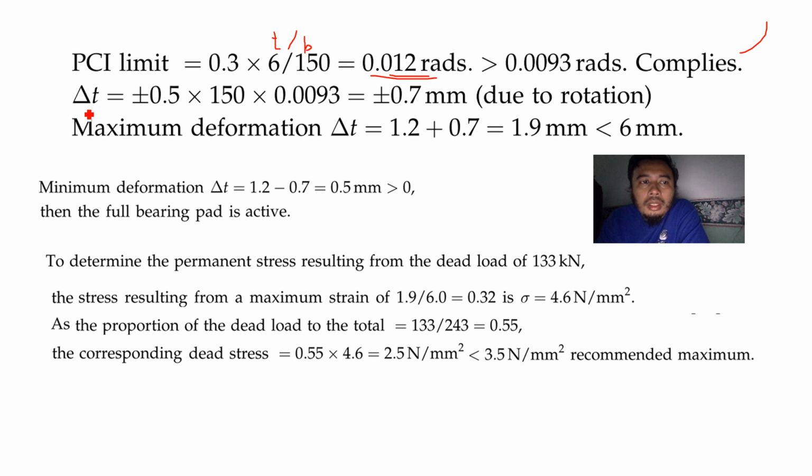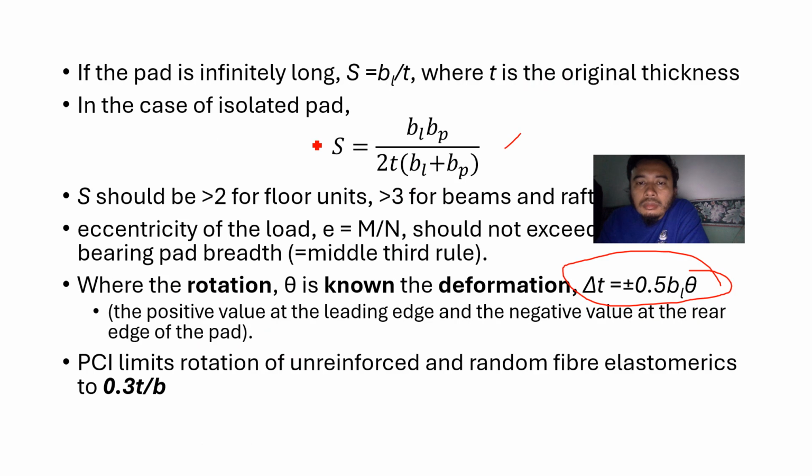And then delta t, based on this value of radians, you can calculate delta t, change in thickness, 0.5 times 150 is your BL times delta. Using these equations, you get the delta t.